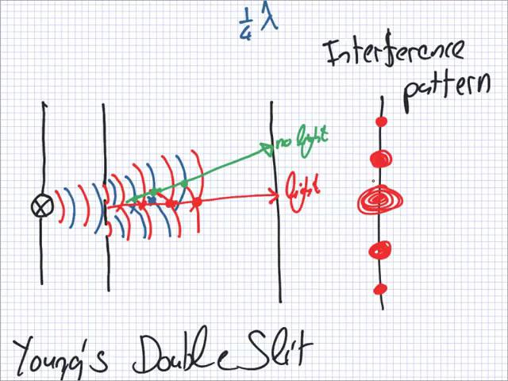How is it getting dim? Basically, what's happening, you can imagine that the reason this is the brightest is because as the wave spreads out, it dissipates.